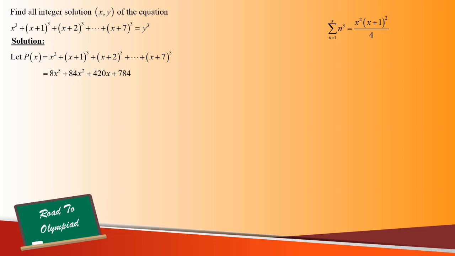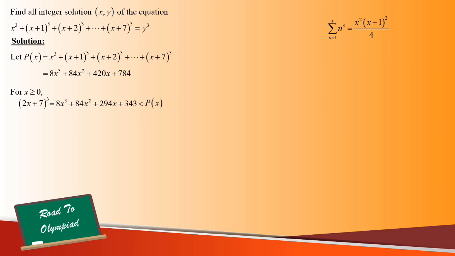Since we are looking for integer solutions, let's consider the cube of some integer to look for the value of y. Notice that for x greater than or equal to 0, we have P(x) is greater than (2x+7) cubed, because they have the same coefficients for x cubed and x squared, but P(x) has a greater coefficient for x and the constant term.